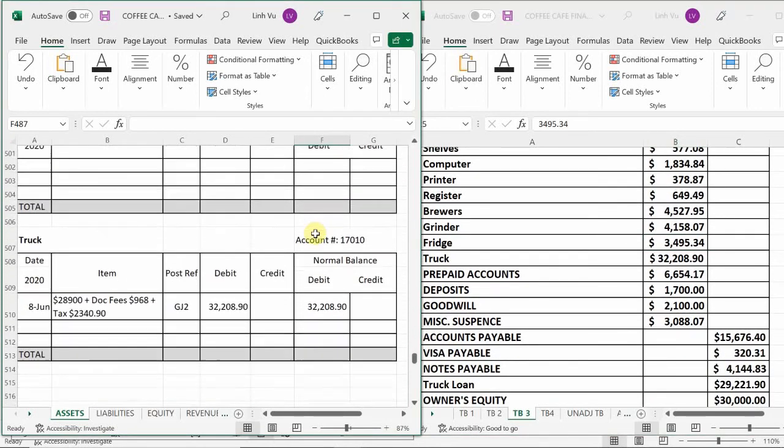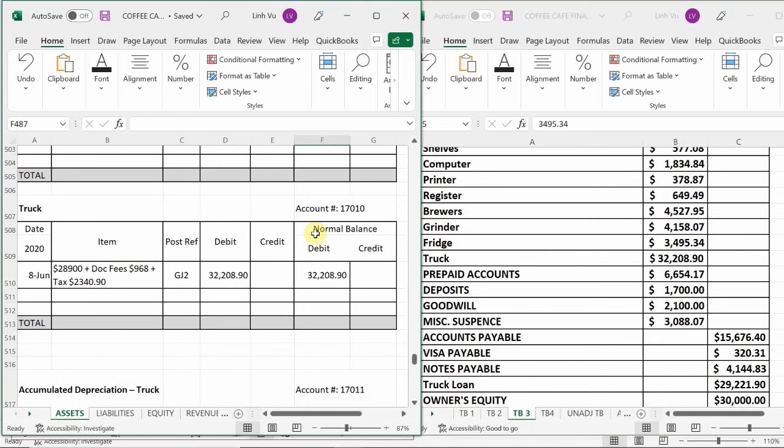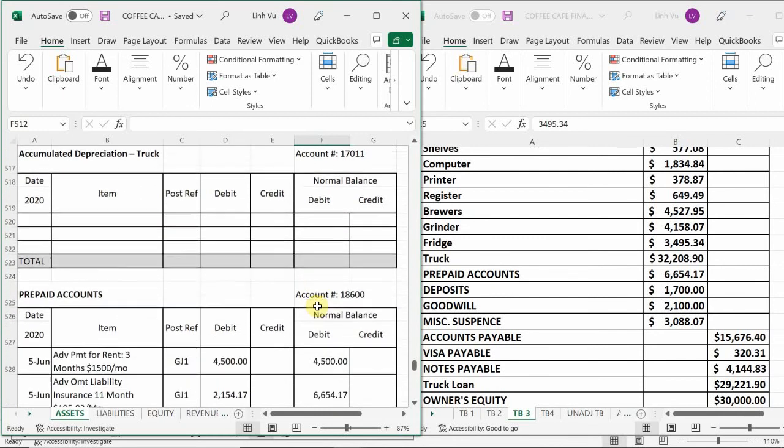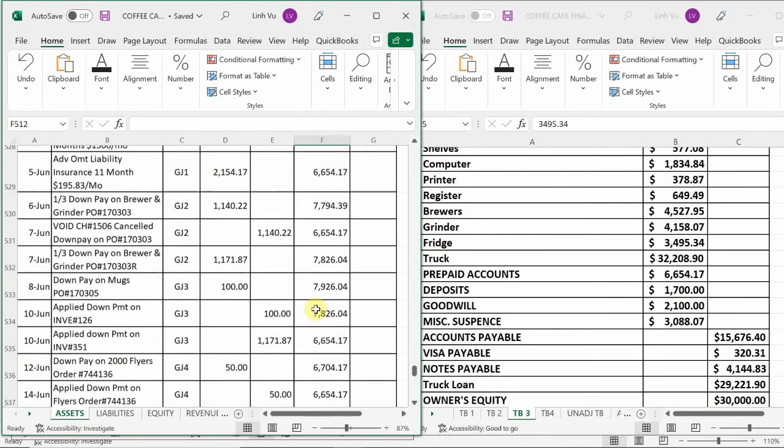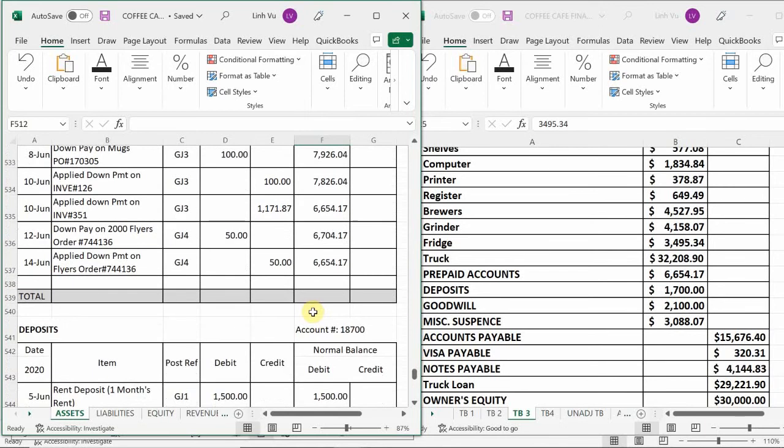Vehicles. Do I have a truck? Yes. $32,208.90. Good. So that's still the same. And then I have prepaid accounts, 6,654.17.